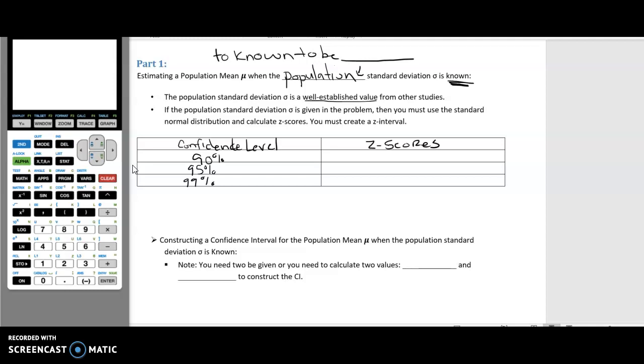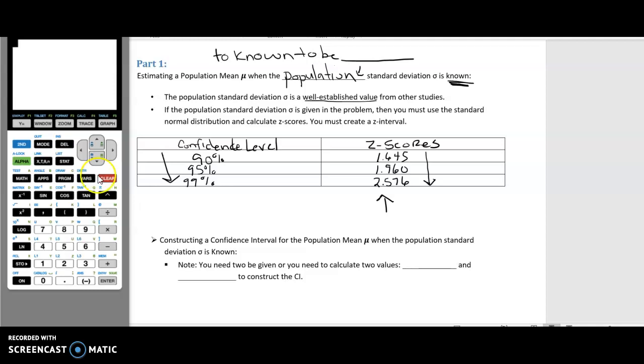And the z-scores that corresponded with those confidence levels were 1.645, 1.960, and 2.576, right? As your z-scores get larger, that's going to create a wider interval, which means you're going to be more confident, right? And so your z-scores tell you how wide your interval is going to be.